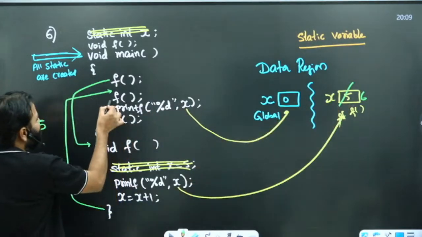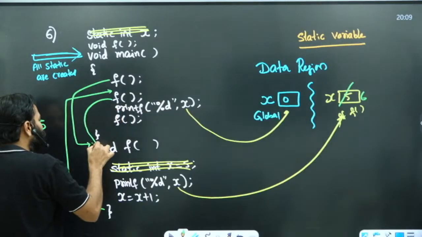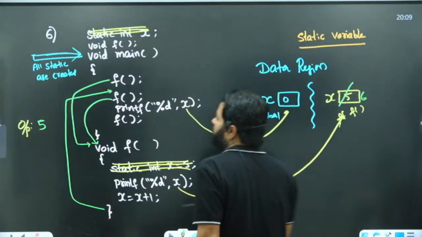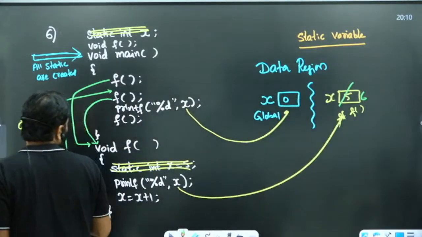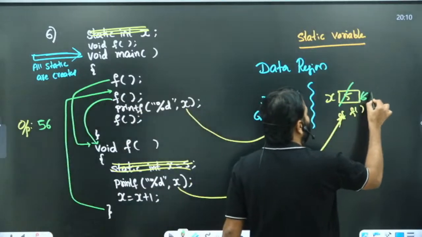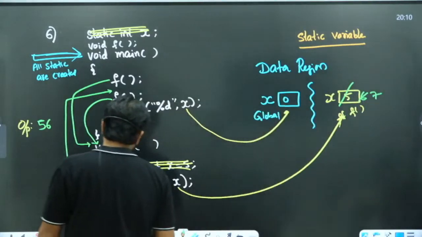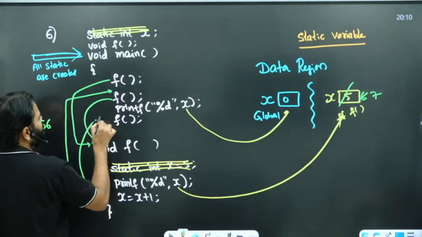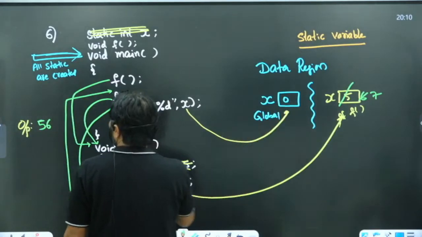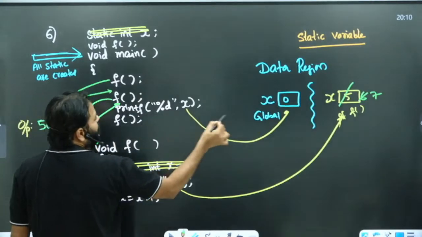Now when you call f again, it comes here, and when it sees the x, it is 6 right now, so it will print 6. After this x plus 1, it will become 7. After execution, it goes back and then printf x. This x is what? 0, so it prints 0, correct?